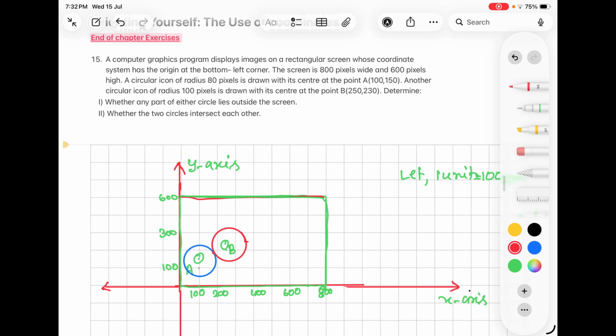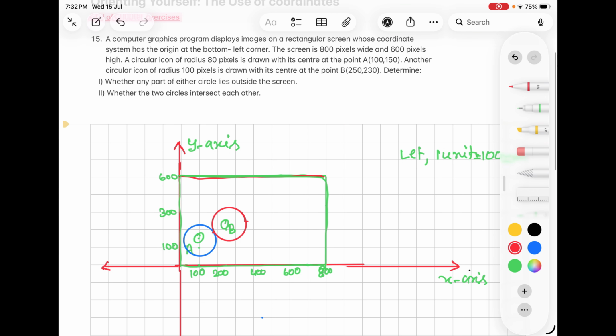Then take point A as a center and radius 80 pixel, that is 0.8 centimeter. Draw a circle and take another point B as a center and with radius 100 pixel, that means 1 unit. Draw another circle.